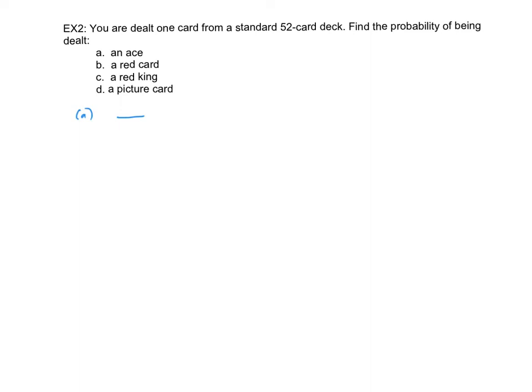The bottom is all the possible cards I could get when I'm dealt 1 card, and there's 52 cards in that deck, so 52 possibilities. Of those 52 cards, how many of those are aces? And there are 4 aces. So again, reduce. This reduces to 1 over 13.